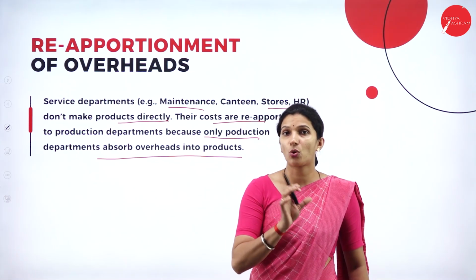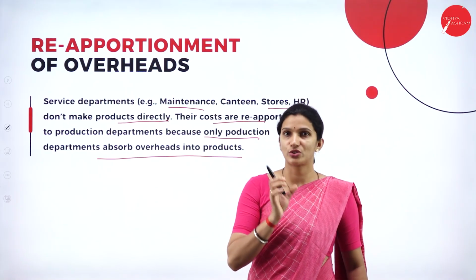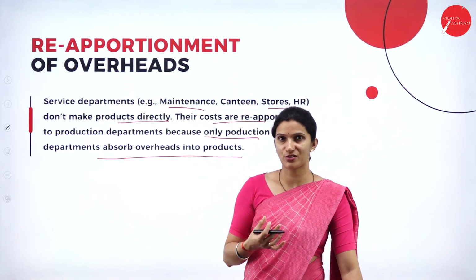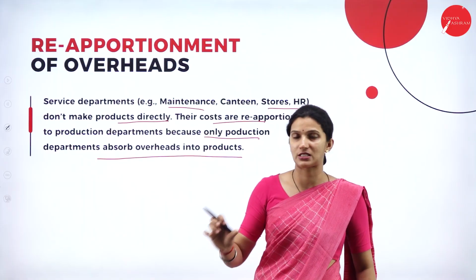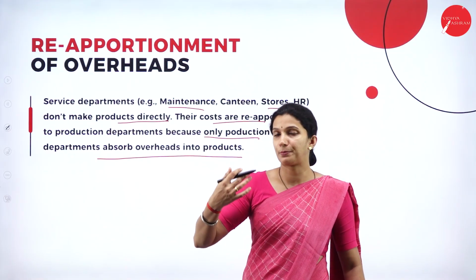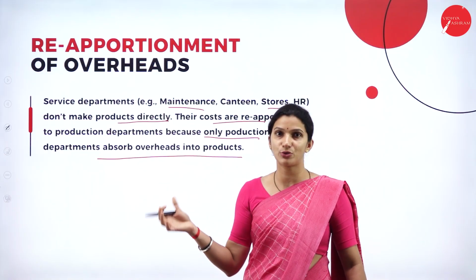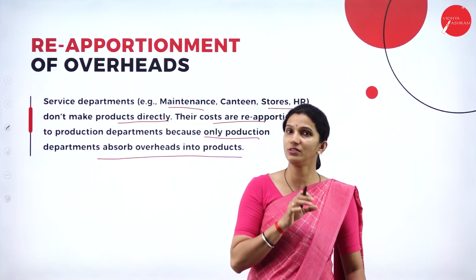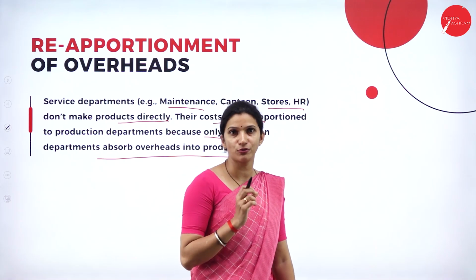So when we find the total production cost, we have to consider these costs also. That's why the primary distribution has all the department-wise costs, including production and service costs. In the secondary distribution, we take the service department overhead and reallocate it to the production department.